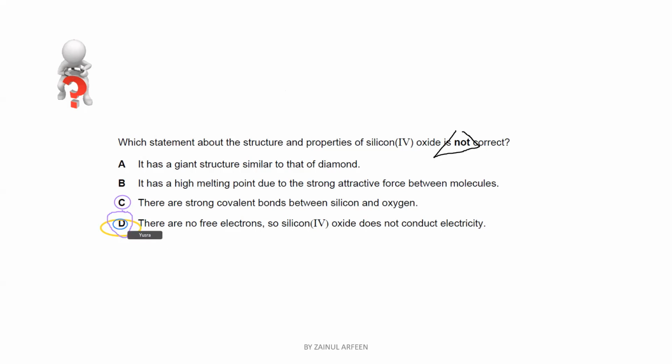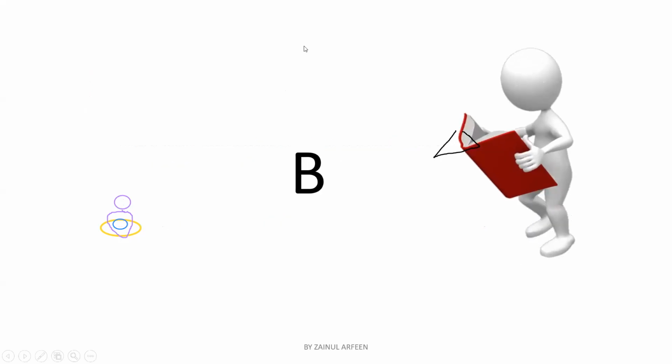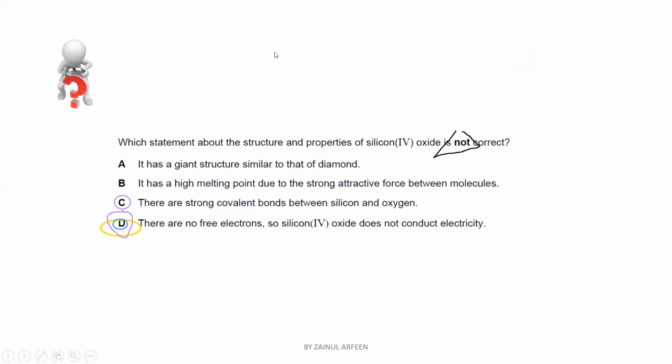The question is which is not correct. So statement B is not correct. B is the right answer. Look, when we check, the question is which statement about the structure and properties of silicon dioxide is not correct.